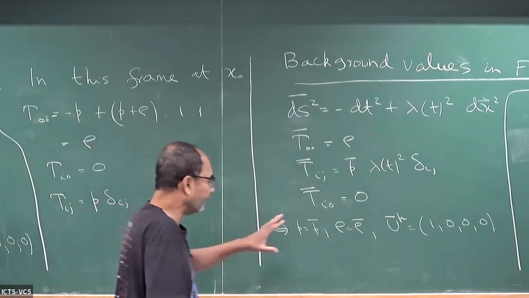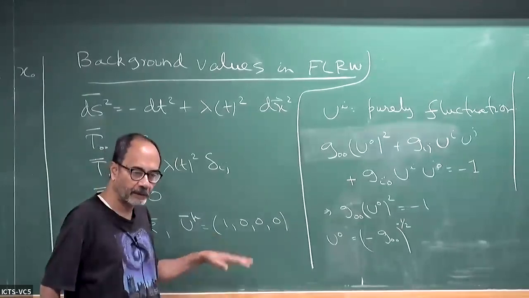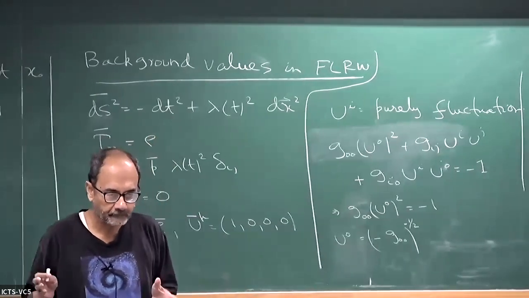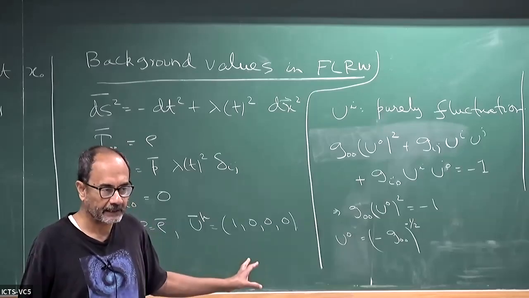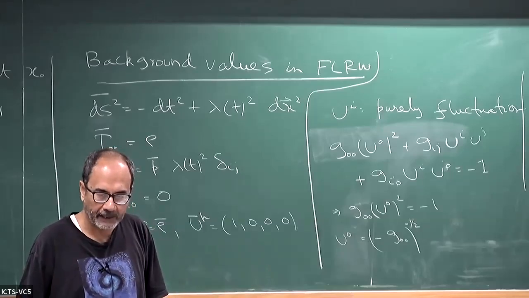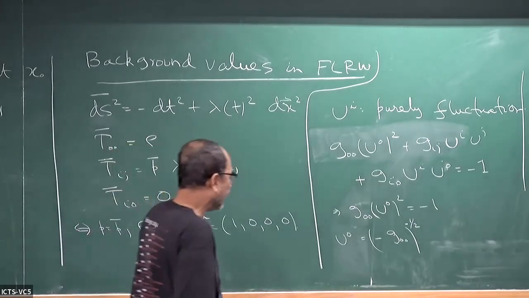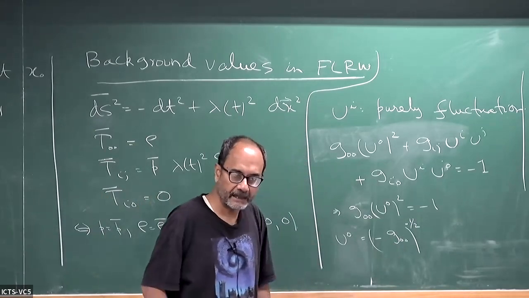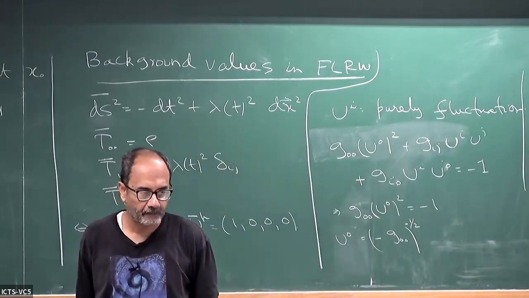And once we have understood that all the u^i's are 0 in the background, that means the u^i is purely fluctuation. That is the net content that we borrowed from here, that u^i is purely fluctuation. And u^0 has no independent fluctuation, because the u^0 fluctuation is determined by the metric fluctuation that you have already determined.